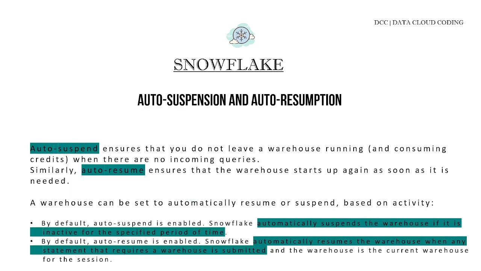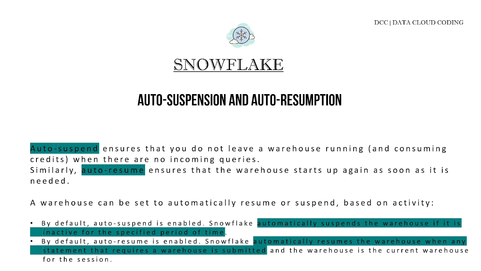Let's see the auto suspension and auto resumption feature of the virtual warehouses in Snowflake. This is the automation feature provided to virtual warehouses inside Snowflake. Let's see what auto suspension and auto resumption mean. Auto suspend ensures that you do not leave a warehouse running and consuming credits when there are no incoming queries.